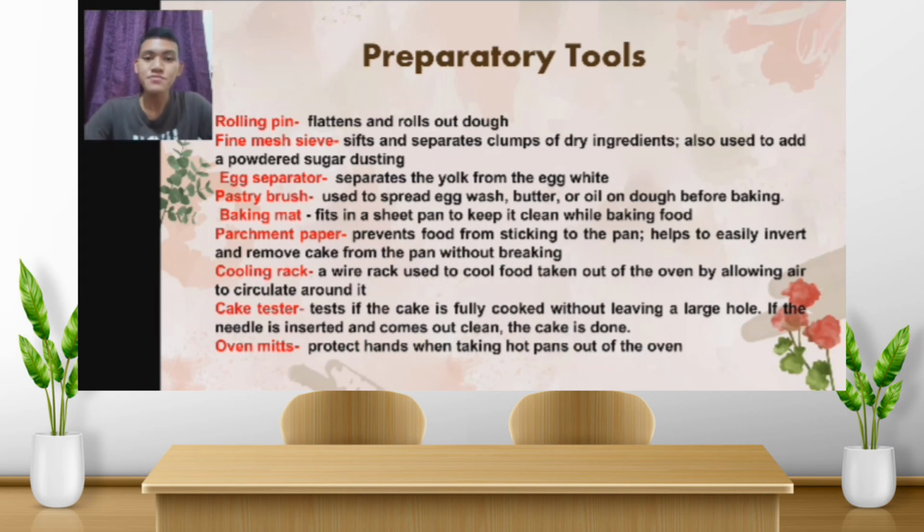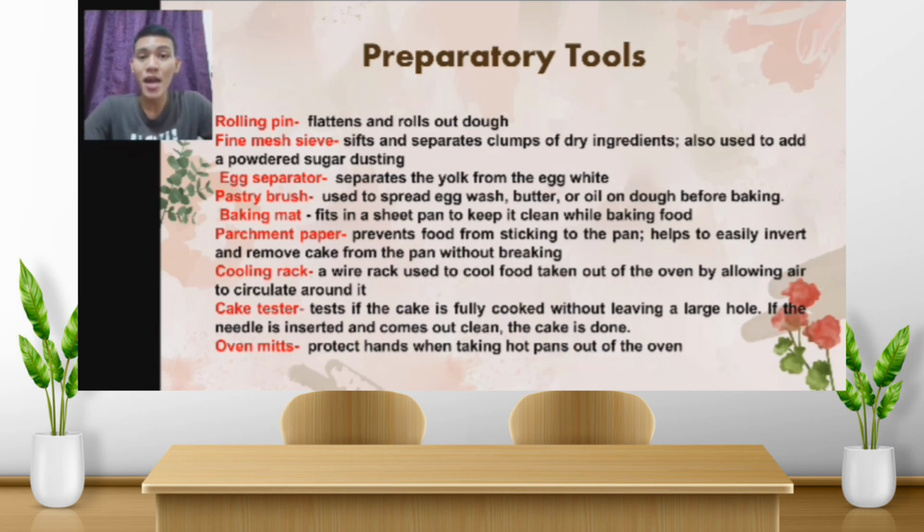Okay? So we have also the baking mat. Fits in a sheet pan to keep it clean while baking. So that is the function of the baking mat. We have also the parchment paper. This parchment paper is to prevent food from sticking to the pan, and it also helps to easily invert and remove cake from the pan without breaking.